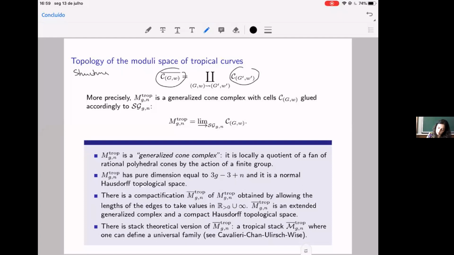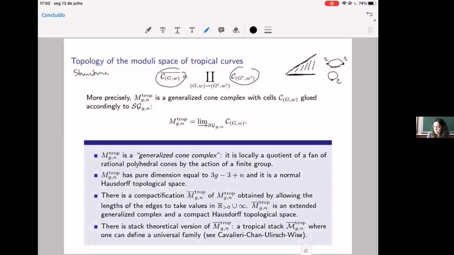So in the previous example, we have this open cone, and this would be the moduli space for this curve. And you see that if we contract, for instance, this edge, you're going to end up with this curve, and this would be parameterized by just closing this cone over here.